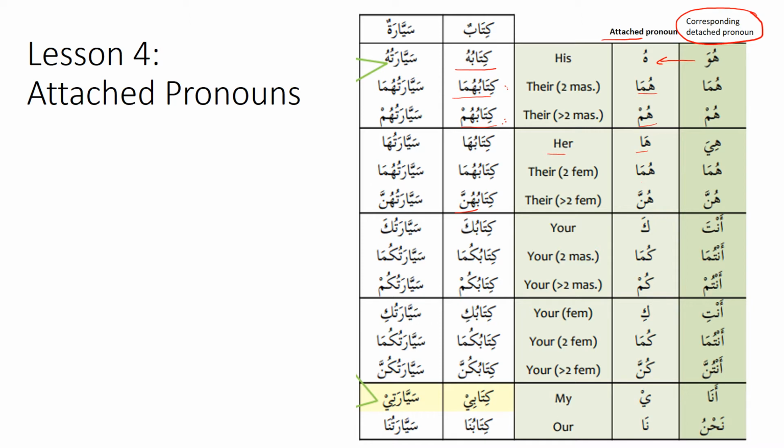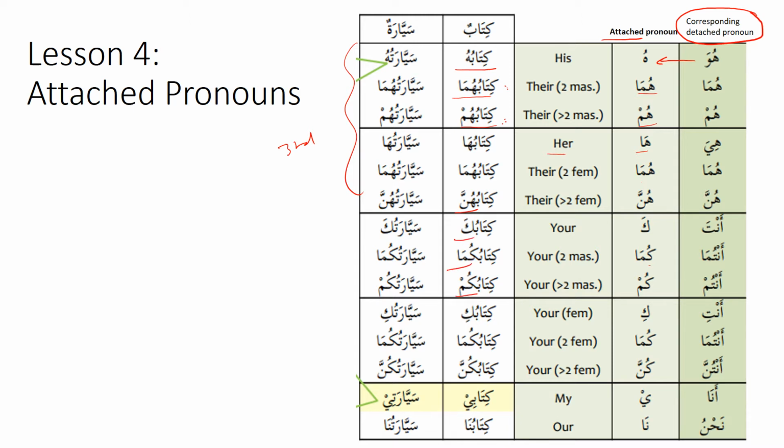This is all third person, okay, like you're talking about someone else. Kitab plus ka equals kitabuka, your book. You're talking to someone, you're addressing someone, you're saying this is your book, or go and get your book. Kitab plus kuma equals kitabukuma, your book. Kitab plus kum, kitabukum, your book.